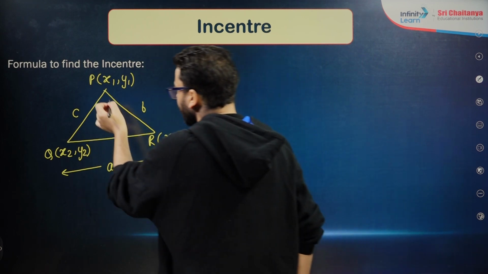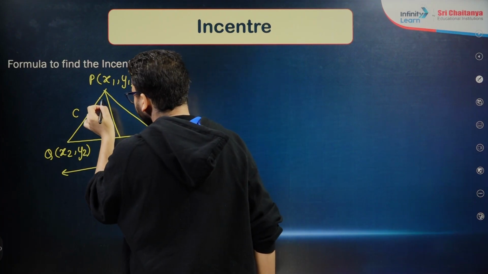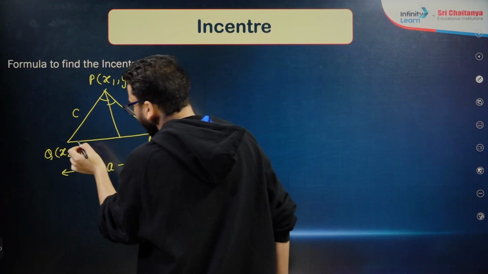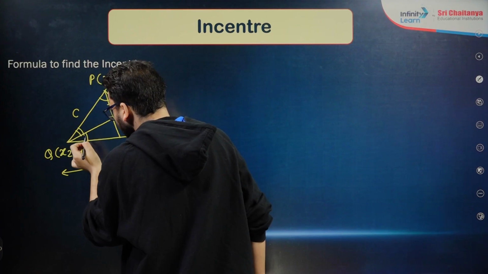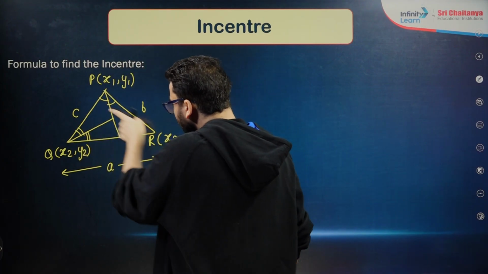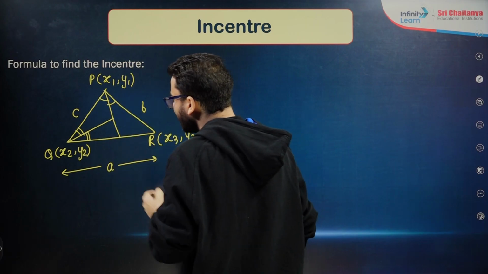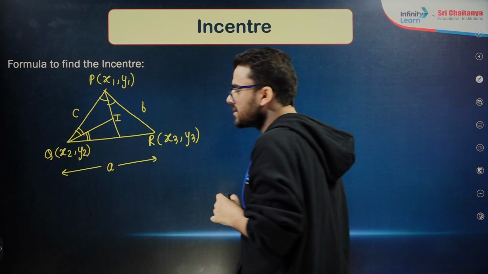So you see, if I take this angle bisector over here, it means this angle is equal to this angle. And I take the angle bisector over here, this is equal to this, right? Even if I don't extend it and even if I don't make the third angle bisector, still I can say this is the in-center, guys. That's easy to understand.